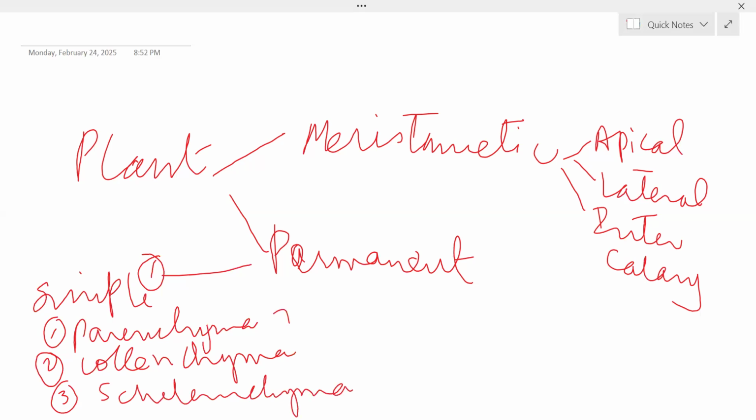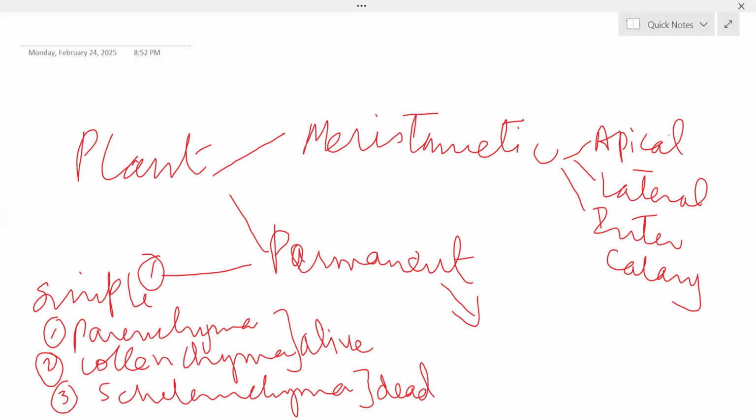But out of these three, these two remain alive after maturity, but this becomes dead after maturity. As it gains maturity, it becomes dead. So mostly sclerenchyma are present into the seed coat, into the xylem vessels, and all these things. It becomes hard and it gives strength and support and protection.